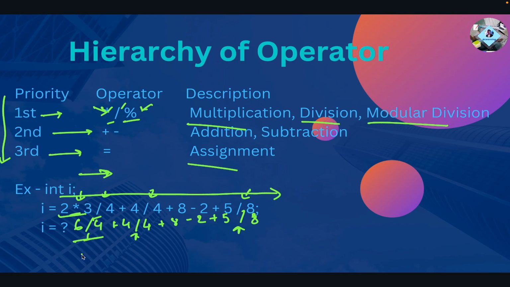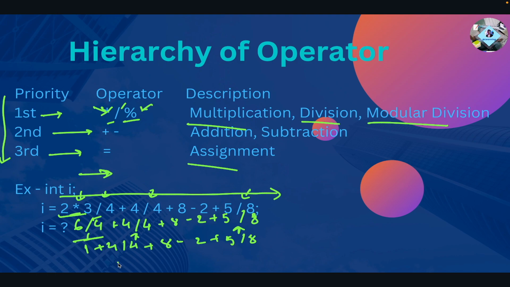So 6 by 2 will give you what? Tell me. It will give you 1, right? Because it will give us the quotient. Then plus 4 divided by 4 plus 8 minus 2 plus 5 divided by 8.